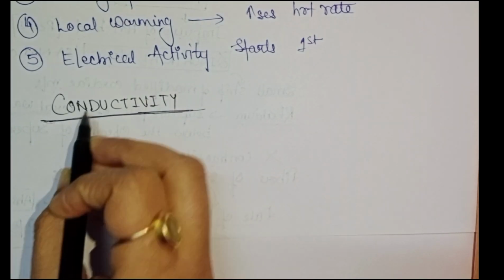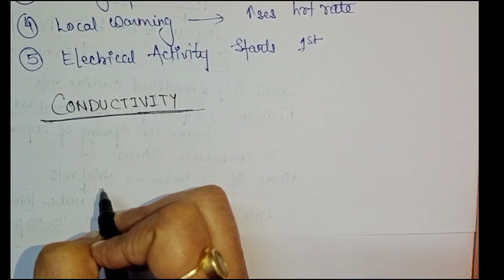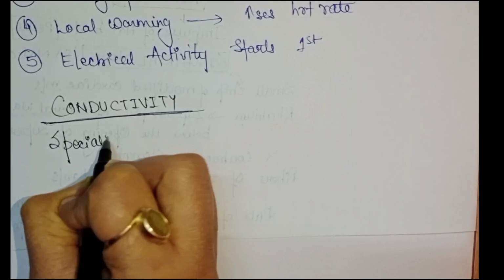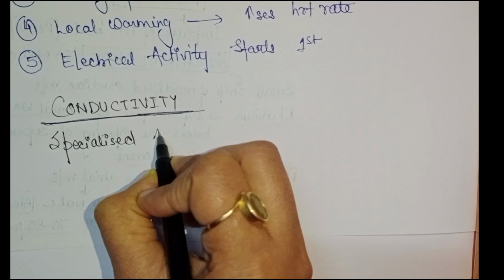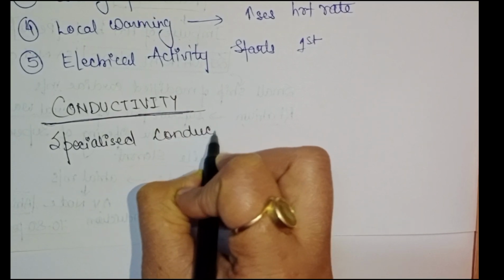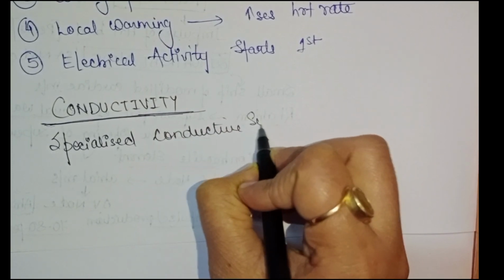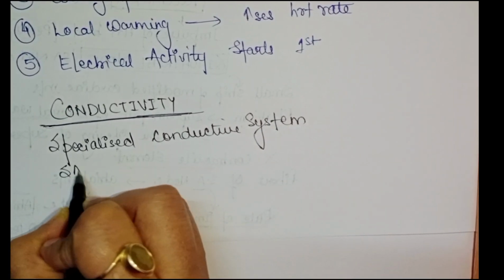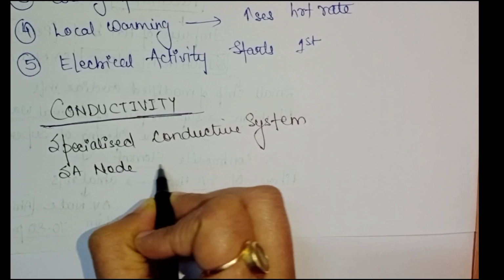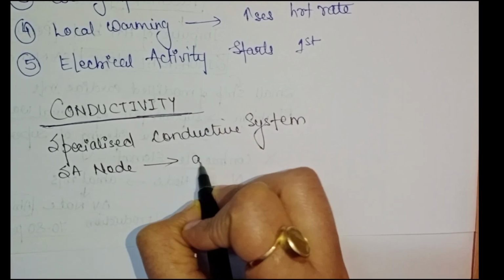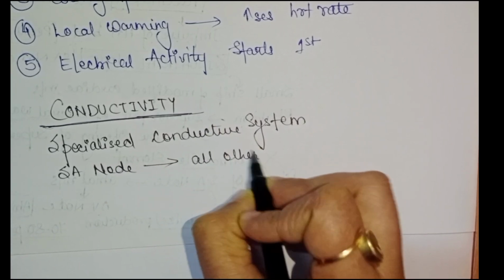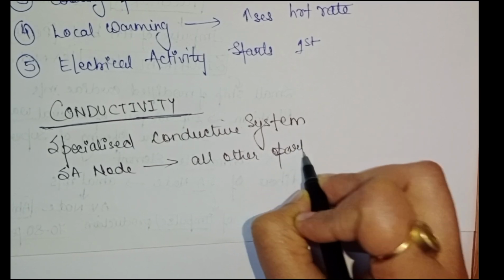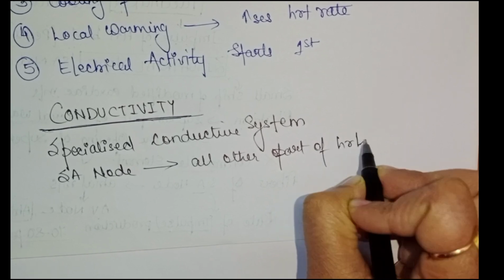So for the conduction of the impulse generated, there is a specialized conductive system through which the impulse from SA node is transmitted to all other parts of the heart.